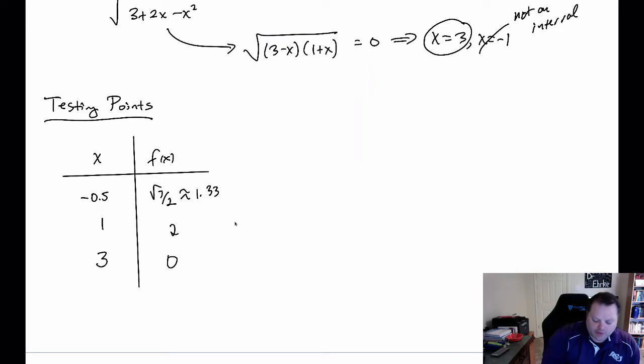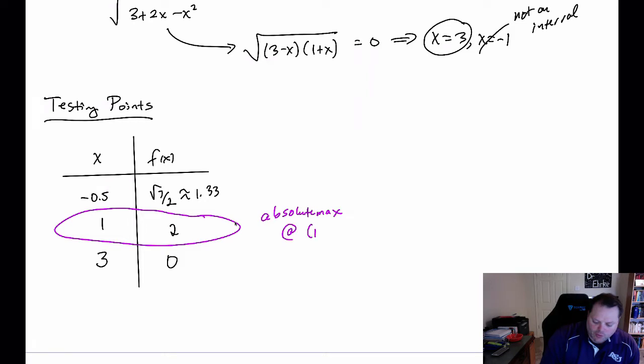So the absolute max, the largest y value, is here. We have an absolute max at the point 1, 2, and we have an absolute min at the point 3, 0.